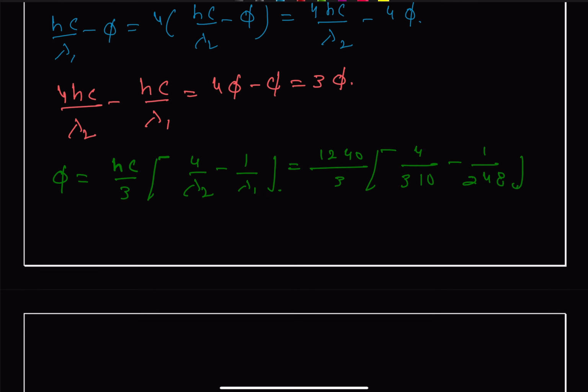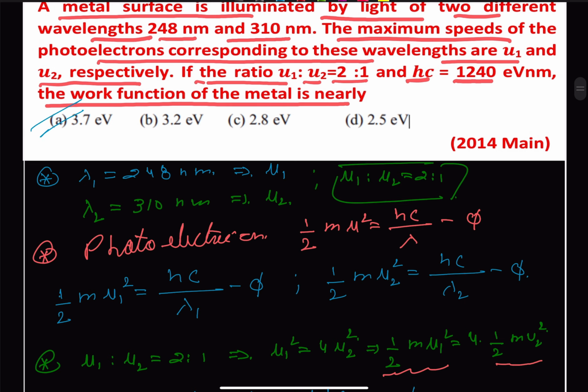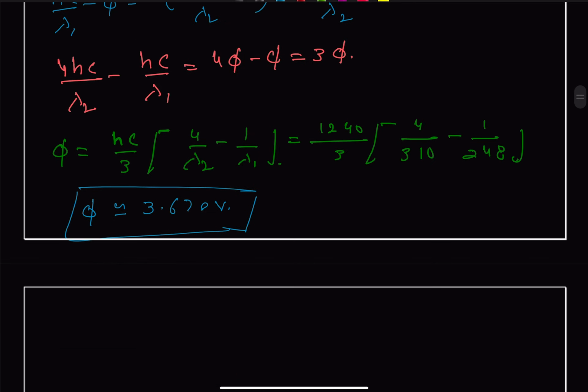Therefore, the work function phi is approximately equal to 3.67 electron volt. So option A is correct.